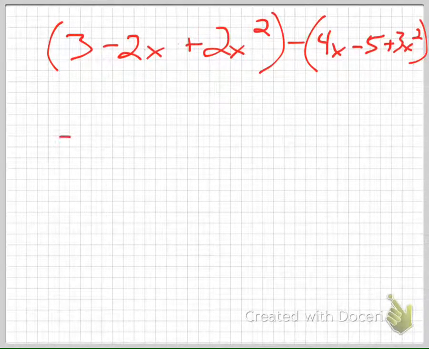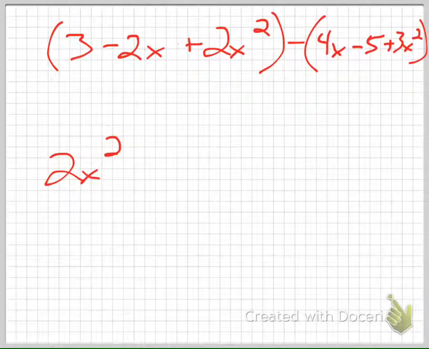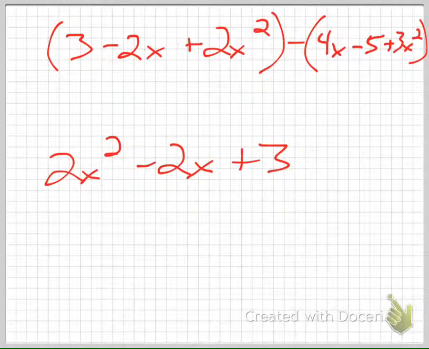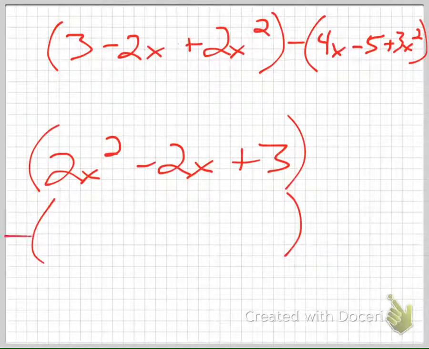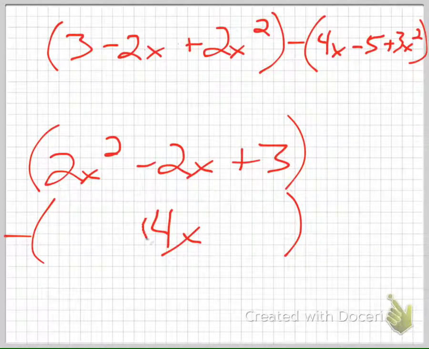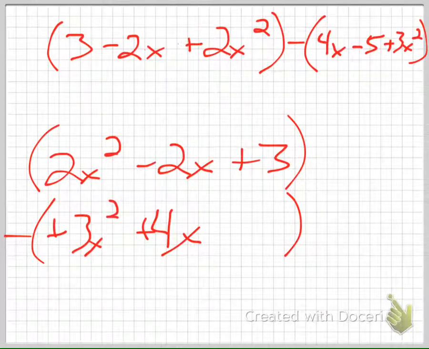Rewrite it horizontally now. I'm going to put it in order. I have x squared, so that's the big one. 2x squared. I have minus 2x plus 3 in parentheses. Minus, there's a plus 4x here. There is a plus 3x squared here. And there is a minus 5 here.